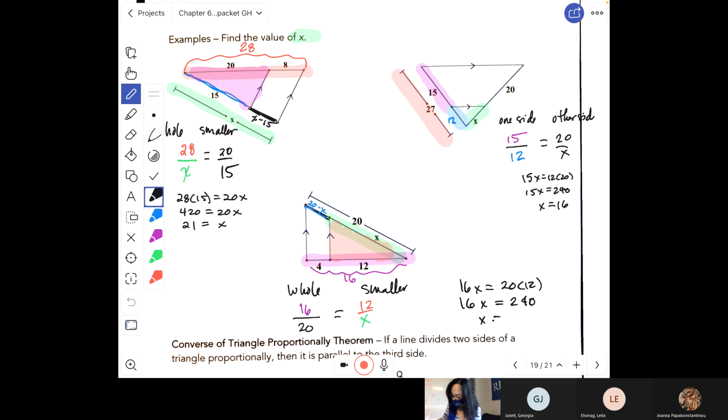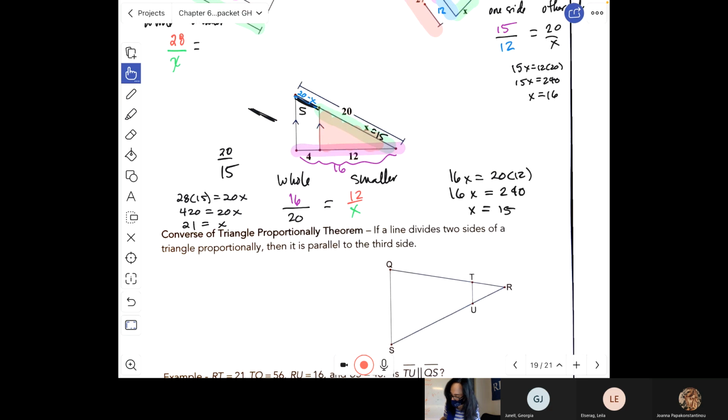So x equals 15. So this would be 15, and what would the smaller piece be? Yes. Good. So we have the triangle proportionality theorem. I can take the converse of that. So let's look at what the converse tells us.